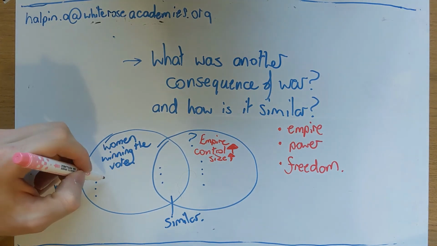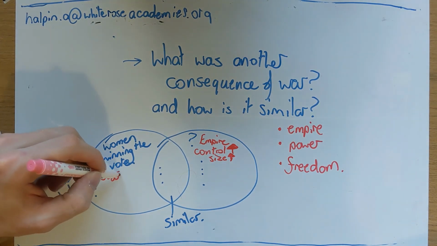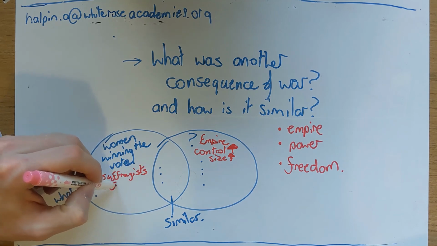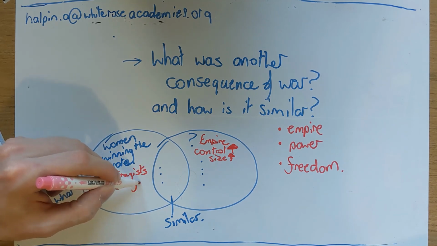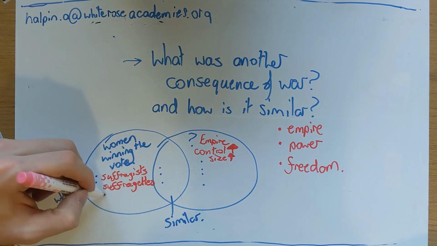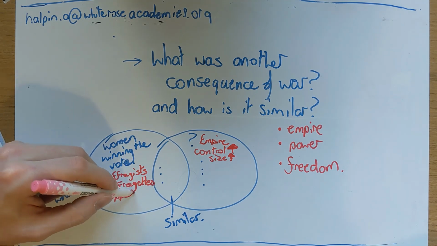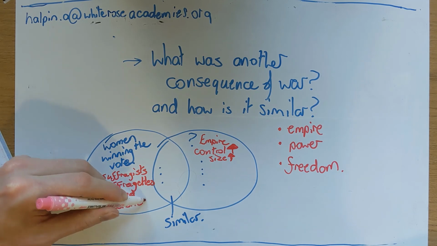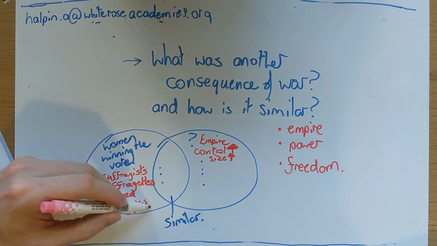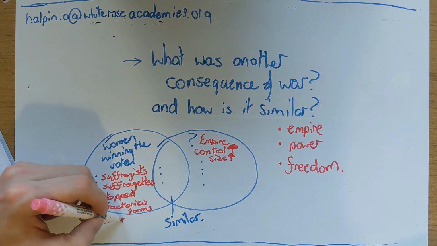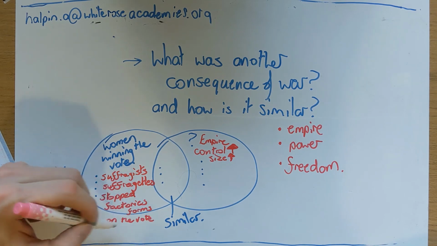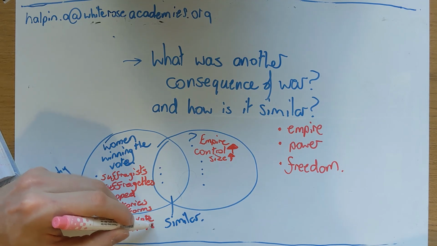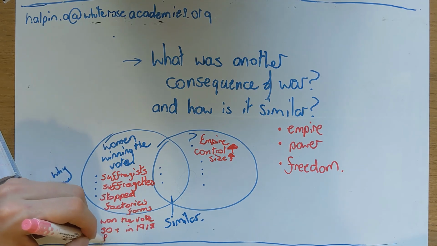So, women's rights and the vote, I talk about suffragists and suffragettes. They stopped campaigning, worked in factories, farms, won the vote for 30 plus in 1918, and if they had money.